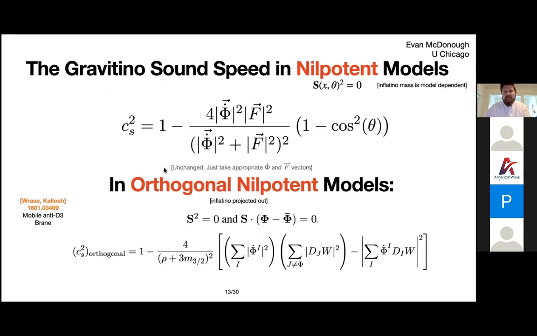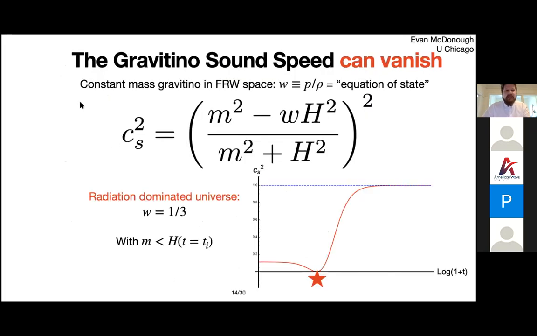You can work out how the sound speed looks in different classes of supergravity models. For nilpotent models, it's not changed at all. For these orthogonal nilpotent models, it's changed slightly. This itself is not super important for today. The feature I'd like to emphasize is that the sound speed can vanish.